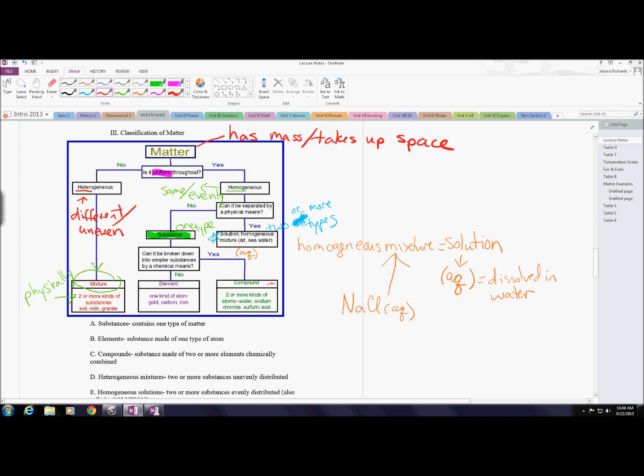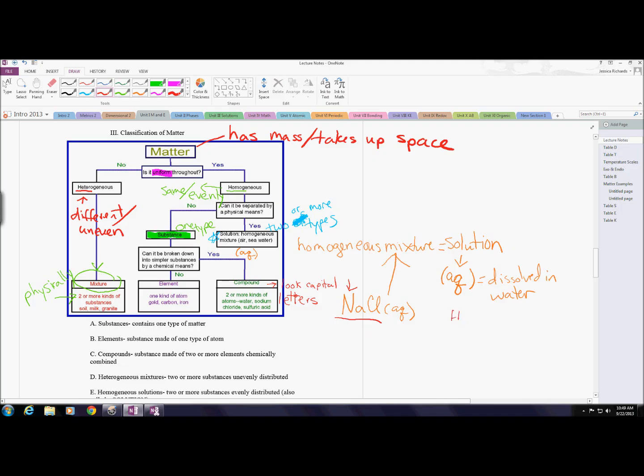The trick for picking out a compound is look for the capital letters. So in the previous unit we said that when you write elements, the first letter has to be a capital letter, the rest are lowercase. So if I look at a formula and I see 1, 2 capital letters, it's a compound.